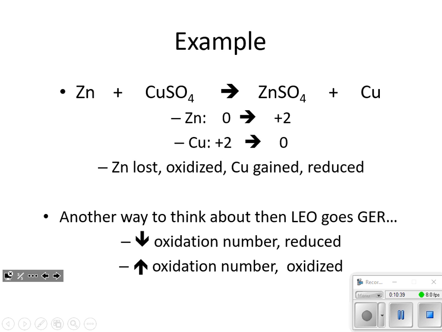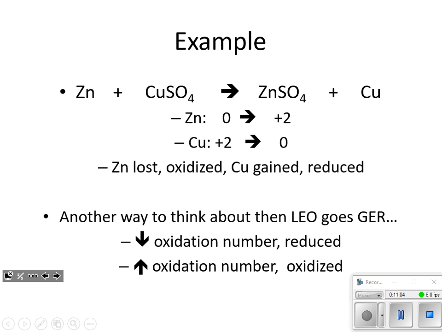When zinc goes from a 0 to a +2, the oxidation number increased for zinc. That means zinc was oxidized. When copper starts as a 2 and goes down to a 0, its number was reduced. There can be negative values involved with this as well for oxidation numbers, so be careful of that.